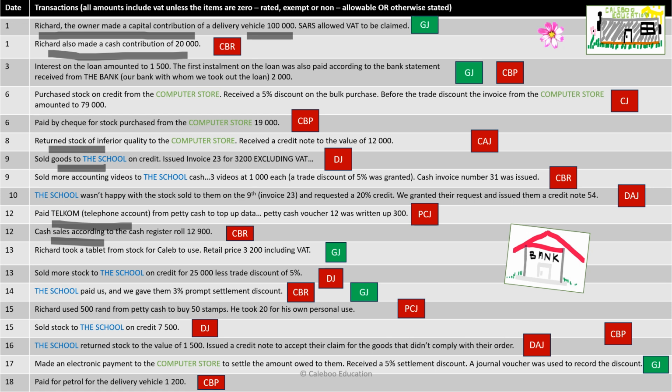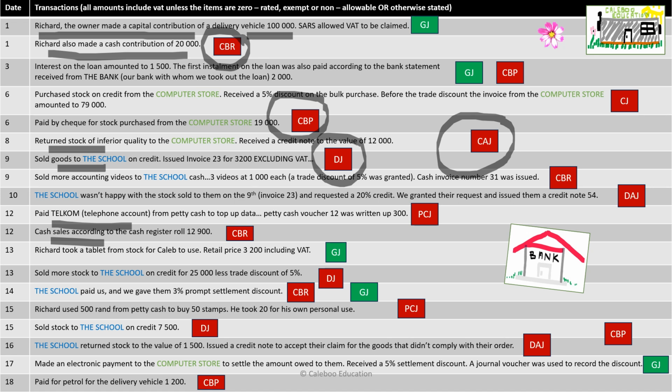And remember, the transactions are recorded in journals: cash book receipts, cash book payments, debtors journal, creditors allowance journal. But all I'm doing here is explaining what a transaction is, and these here are examples of transactions.